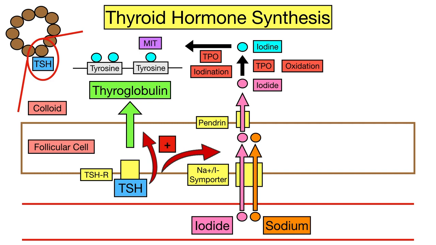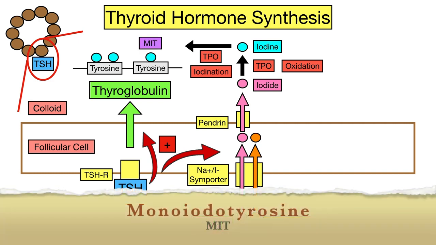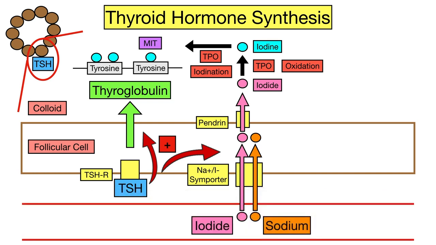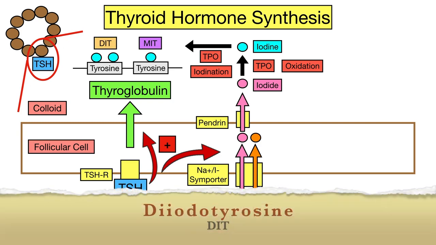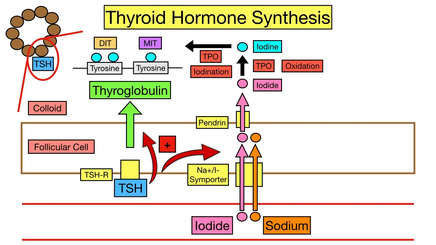So if one iodine is placed on tyrosine, then it becomes monoiodotyrosine, or MIT. If two iodine are placed on tyrosine, then it becomes diiodotyrosine, or DIT. The MIT and DIT molecules then get combined to make T3 and T4, which are the main thyroid hormones.